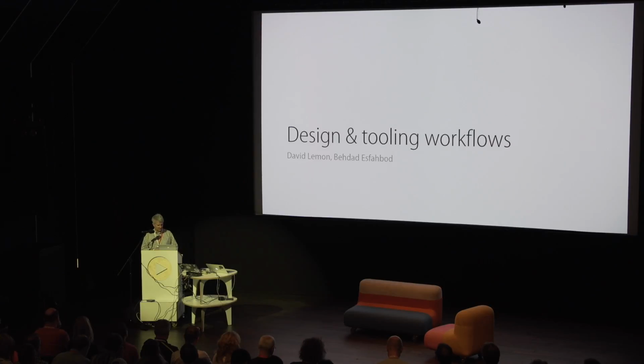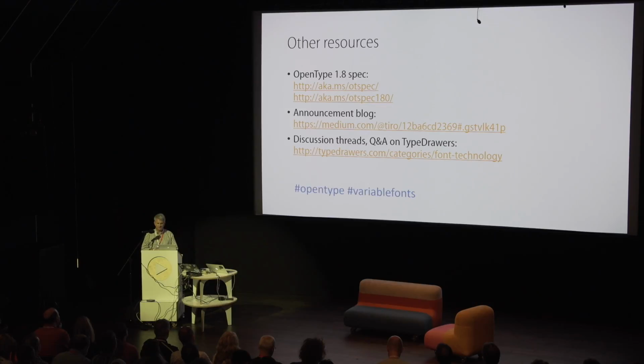So in closing, I just want to wrap up and mention some resources. As I mentioned earlier, the OpenType spec is now published, and so you can use the URLs up at the top. The short version goes to the current version of the OpenType spec, or specifically for version 1.8, the slightly longer spec URL you can use.